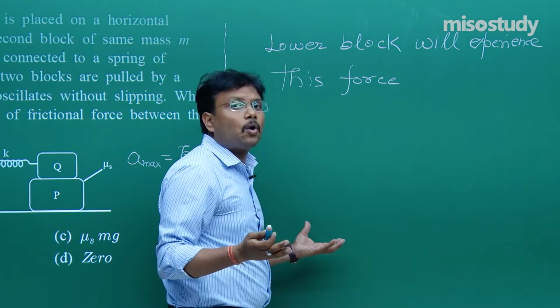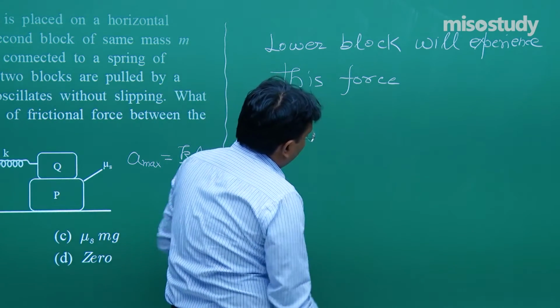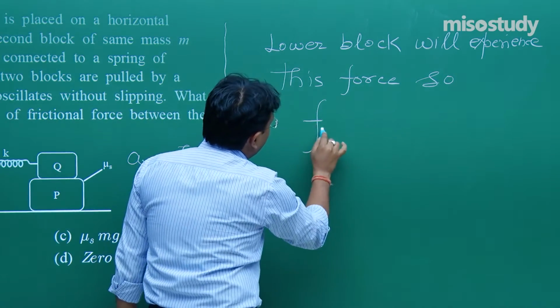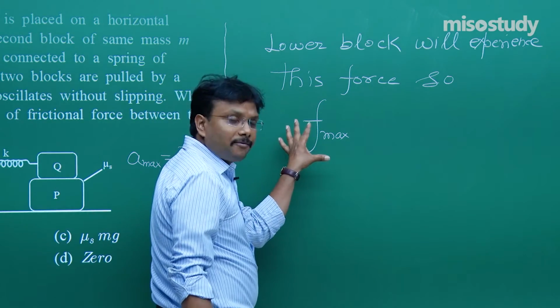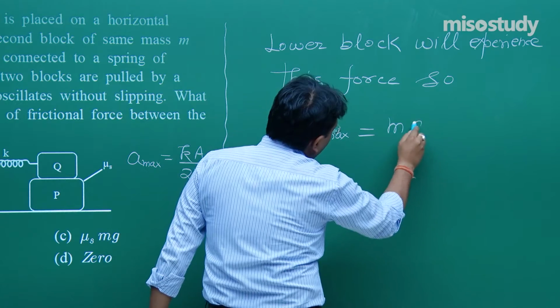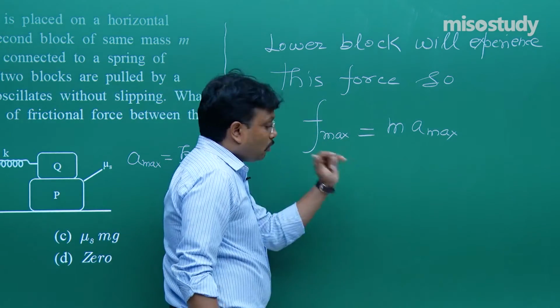You know the reason, because of the friction. Fine. So the lower block will experience this force. So F max, because of the friction I am using this F. So F max is equal to M A max. No problem. Fine, for the lower block.